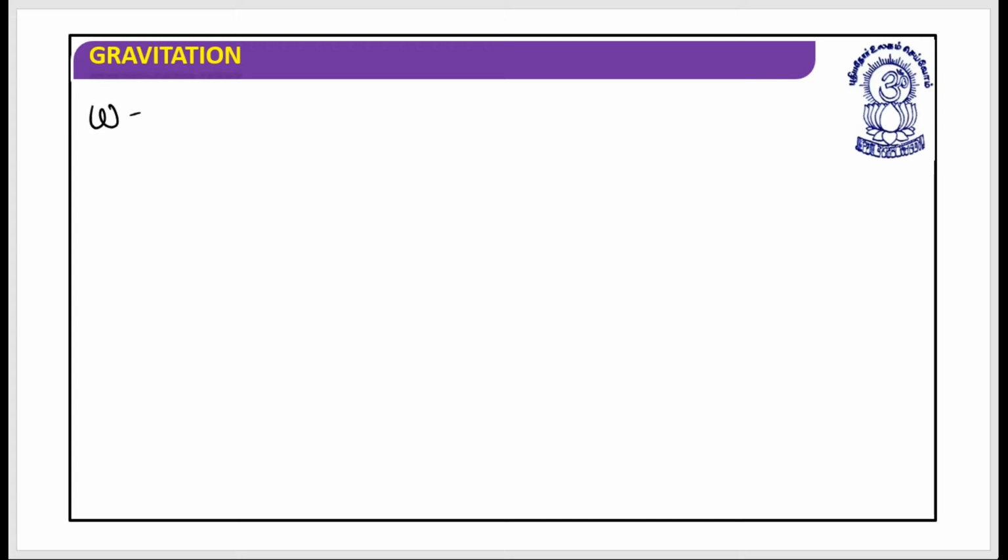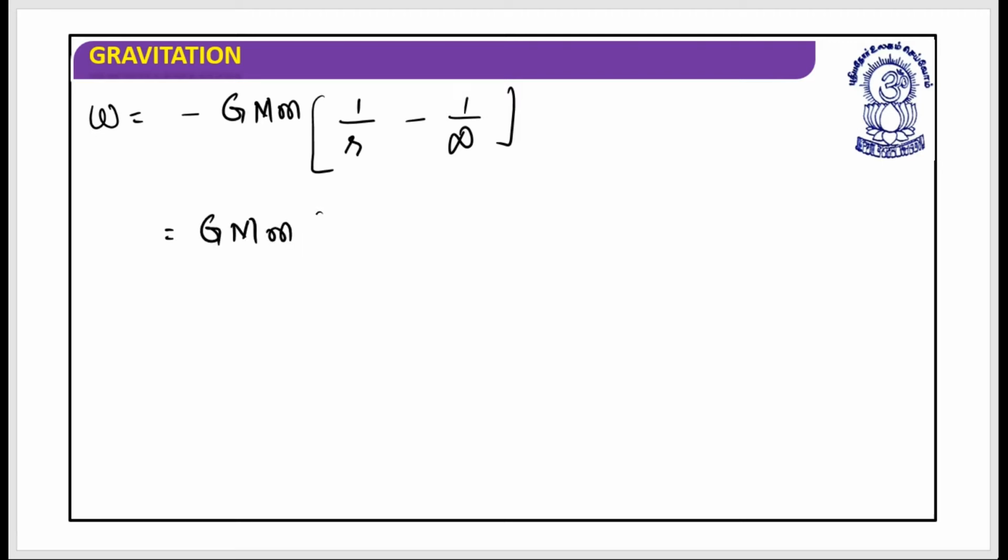This could be written as GMm into the bracket 1 by infinity minus 1 by R.